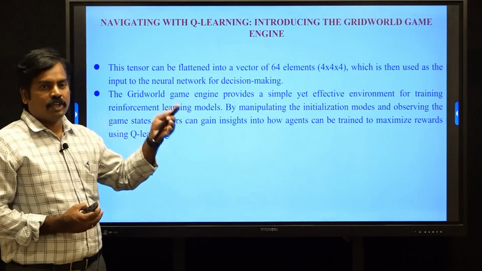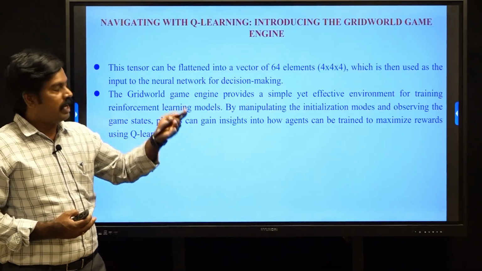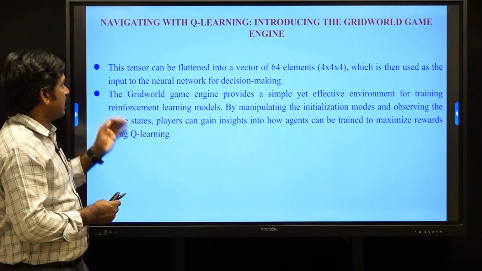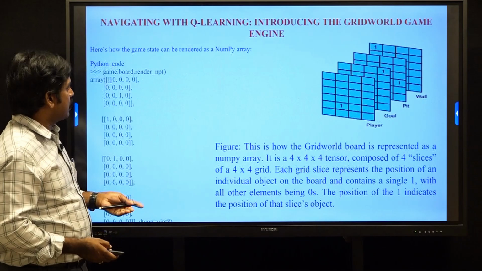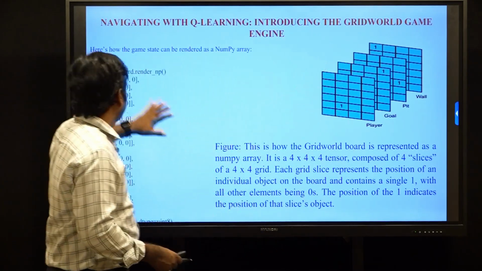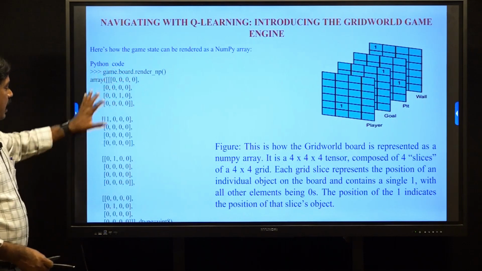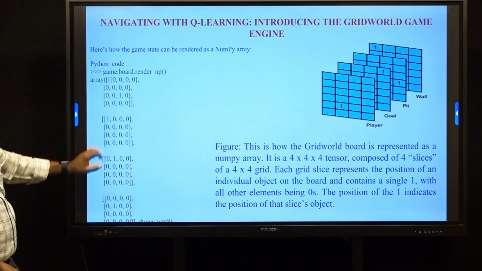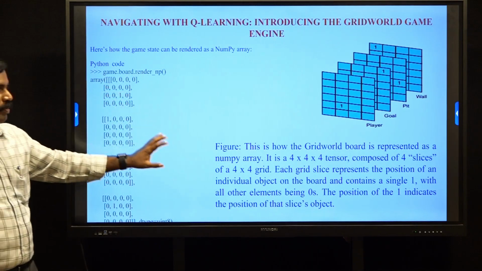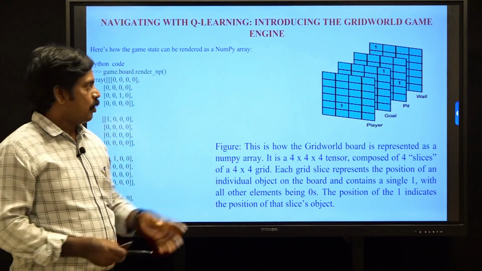The neural network implements the Q function that gives the Q values. This is how we represent the game state of the Gridworld game at some state. These matrices represent the positions of the objects like the player, goal, pit and wall.